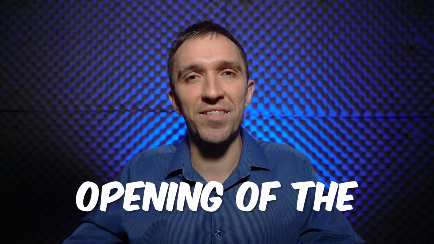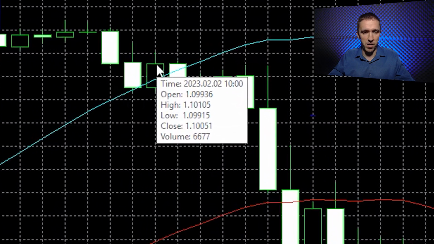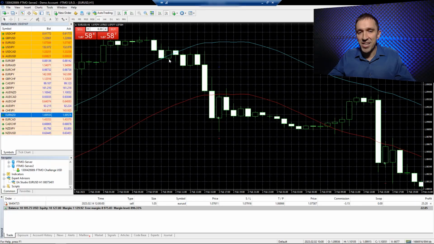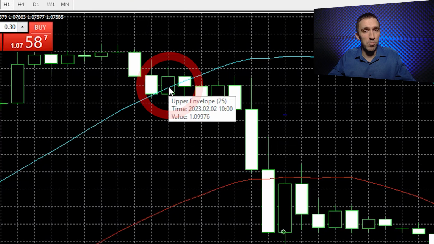This is the value that the envelope had at the closing of that bar, which is the very same moment as the opening of the next bar. And if I show you the opening price of the next bar, it is 109.936, which actually means that the opening of this bar was above the envelopes at this moment.